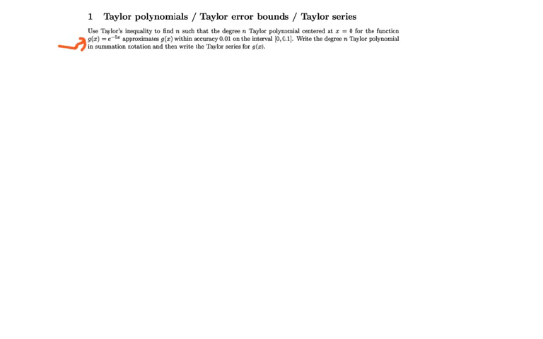So whenever you don't have an n, it's always going to be one start, and we're always going to start with using Taylor's inequality. So let's write this out.